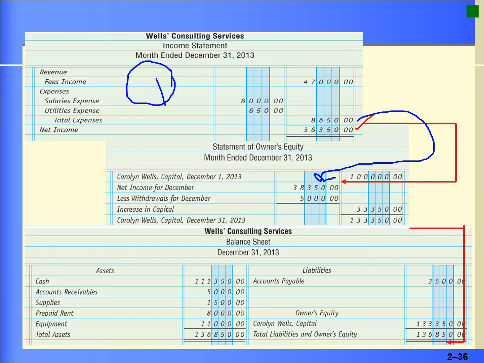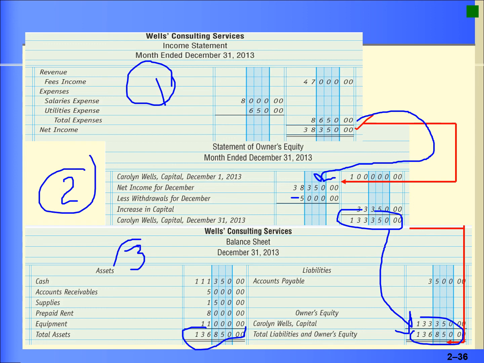If there's any withdrawals, you subtract it. You come up with an ending balance for equity. This will be your second financial statement. And then finally notice this number gets plugged right down into your balance sheet, into your accounting equation, and in this case, you do balance at 136,850, and I will label this as your number 3 financial statement. Please do it in this order. This is how we always do it.